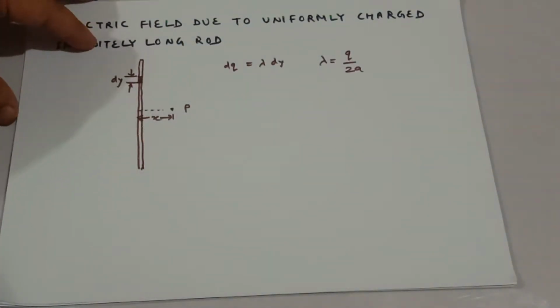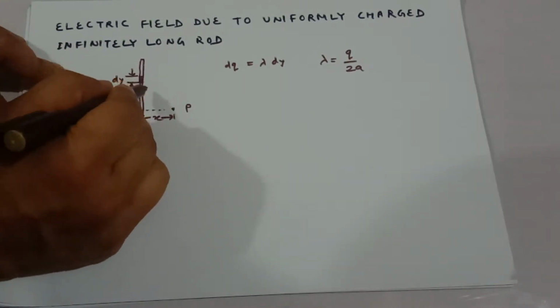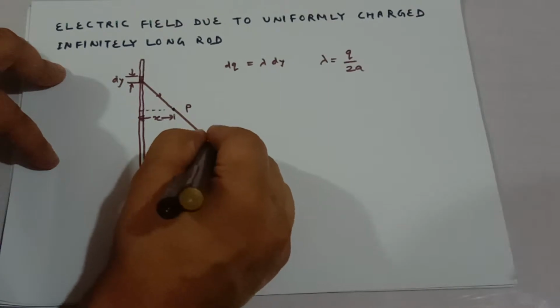So the electric field because of this component dy at this point P would be along this direction, and that would be dE.